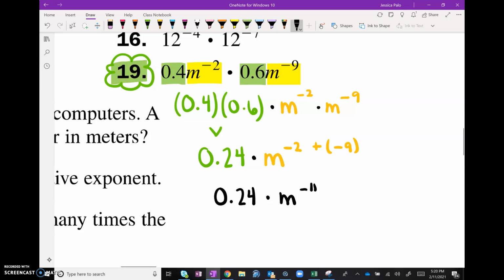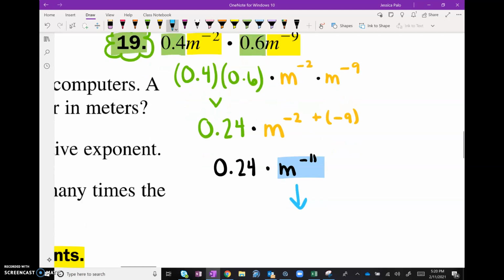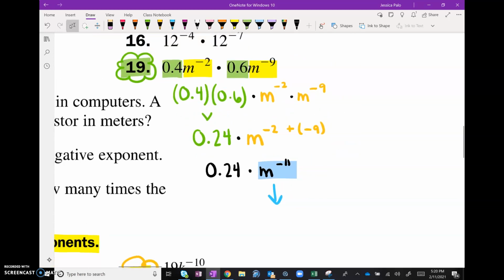Now the instructions for this one were to use positive exponents only, so that means that this negative exponent needs to go down into the denominator so it can become positive. So your final answer for number 19 should have been 0.24 over m to the 11th power.